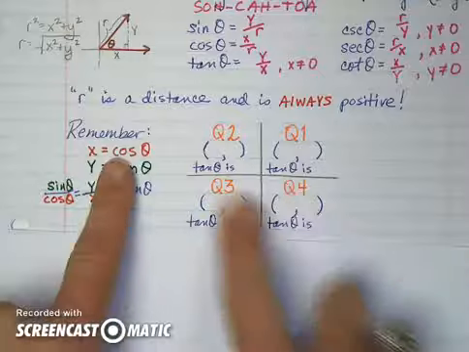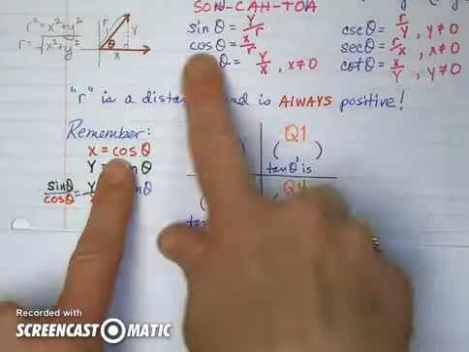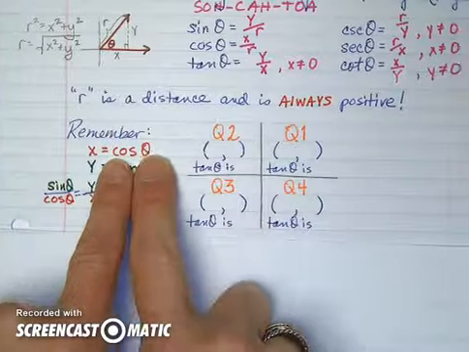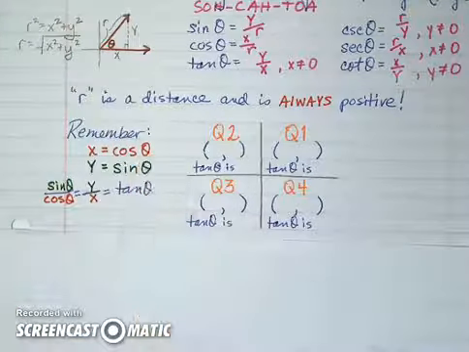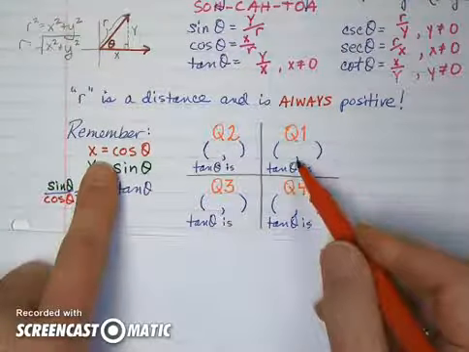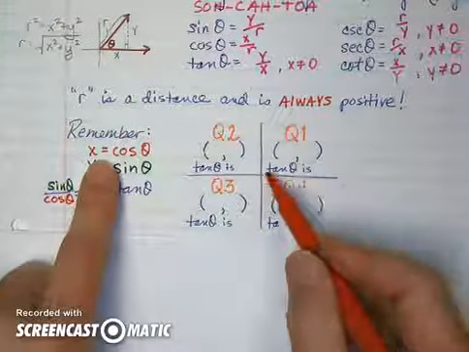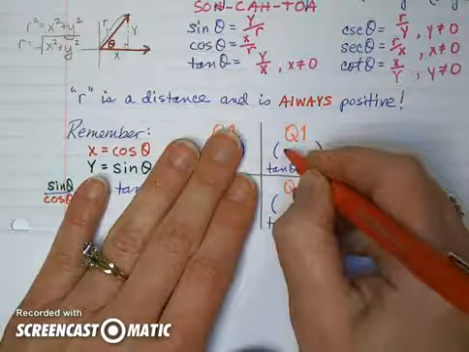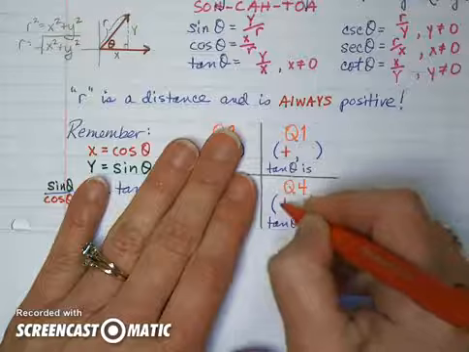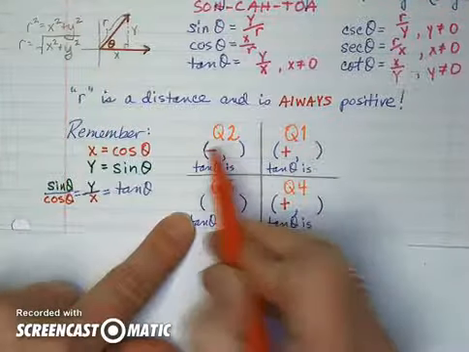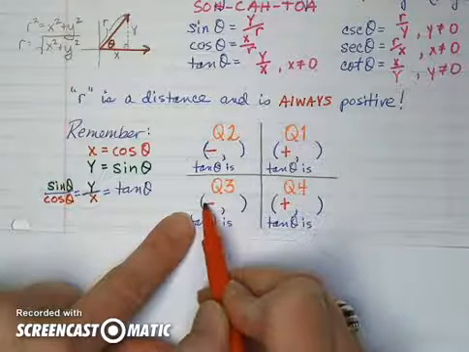Now, if you remember from up here, the cosine was our x value. Cosine is always x. So let's look over here in the quadrants. If cosine is x, the x value in quadrants 1 and 4 are both positive, aren't they? But the cosine would be negative in quadrants 2 and 3.